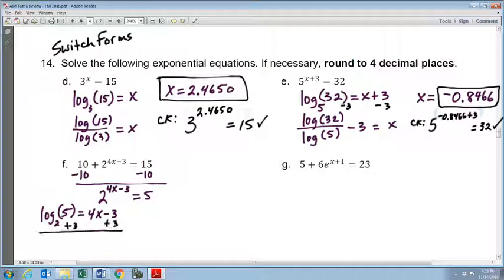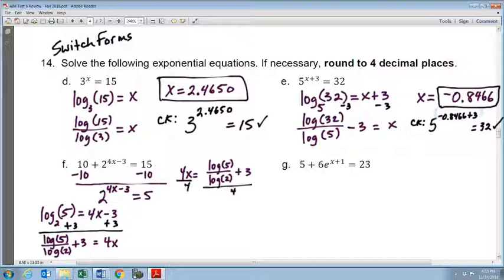So I'm going to go ahead and add 3 to both sides, but I'm also going to use the change of base formula. It's the log of 5 over the log of 2 plus 3 is equal to 4x. So I'm going to rewrite that over here. The only thing left to do is to divide by 4. So it looks like a mess.